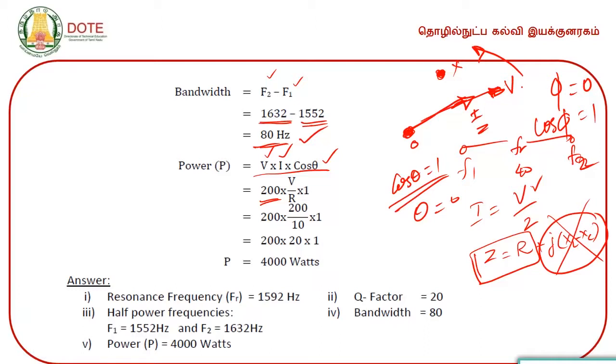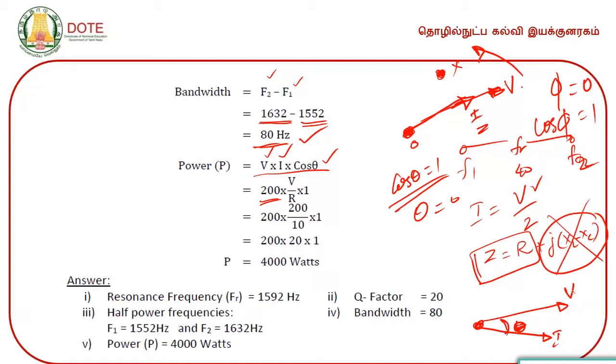Suppose the network is having both resistance and inductance, definitely the phasor would be like this. So, this is V. If there is an inductance, there is a phase angle like this. So, this is theta. So, this is I. The I will be lagging behind the voltage by some angle.